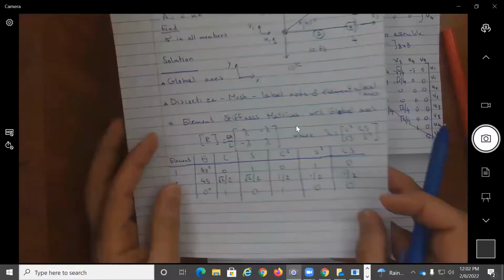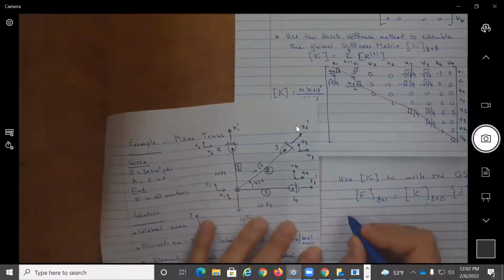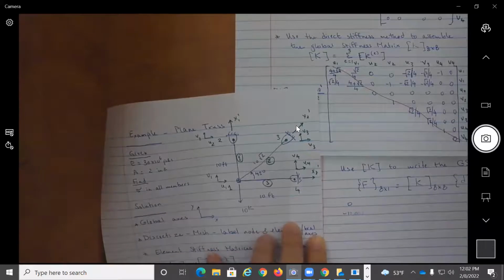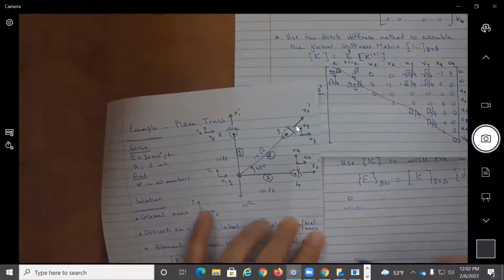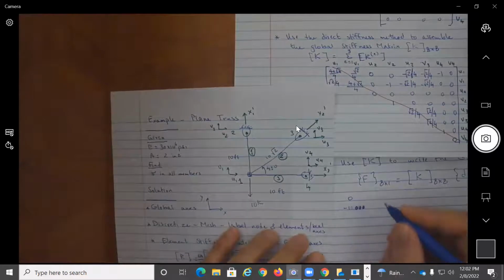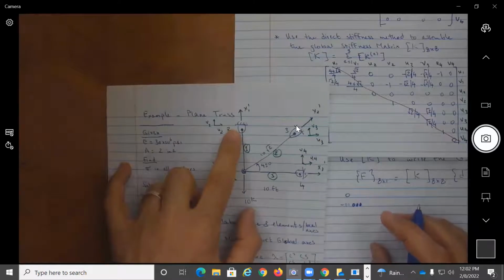So I can write my force matrix, this 8 by 1, as 0, minus 10,000 pounds.